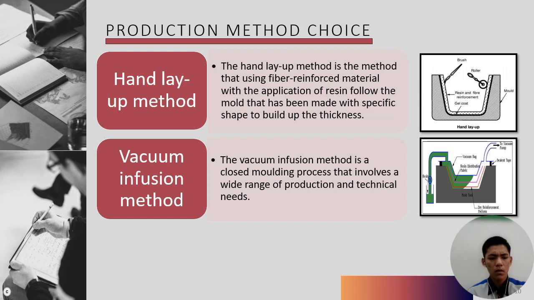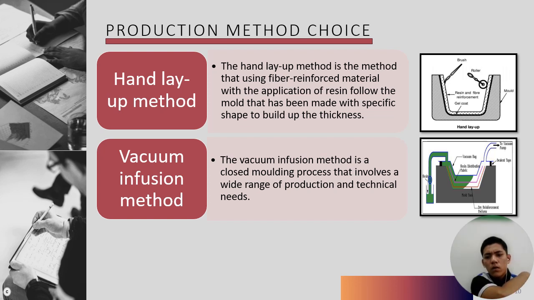After that, production method choice. For the production method in FYP2, I want to focus on two methods, which are the hand layup method and the vacuum infusion method. I have chosen these methods from the perspective that they are suitable for fabricating the mini houseboat in terms of cost, construction time, and strength.